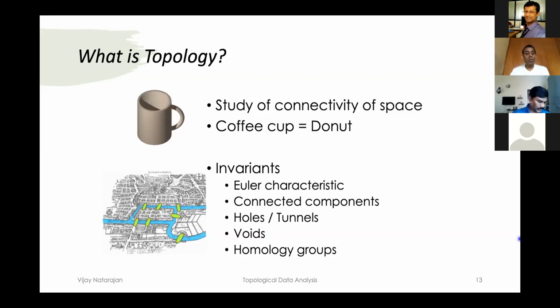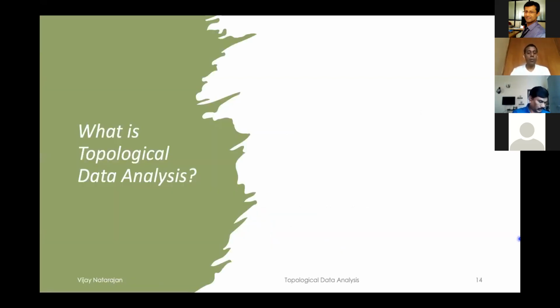Right. So topology is a very interesting branch of mathematics, and computer scientists have jumped in only recently to look at algorithmic questions in topology. That is where the topic of today comes in, topological data analysis.